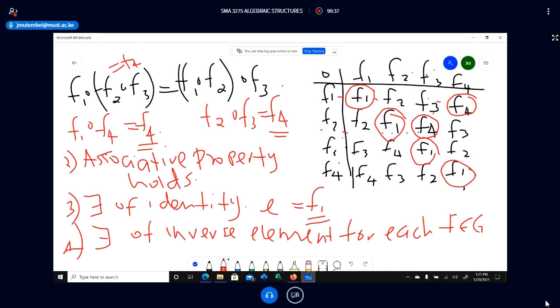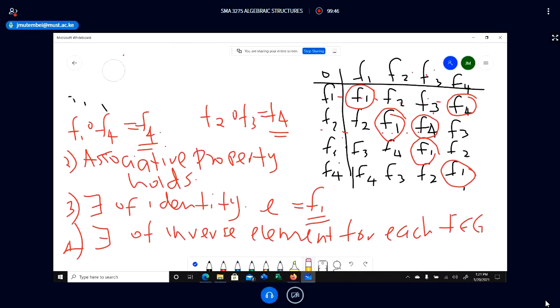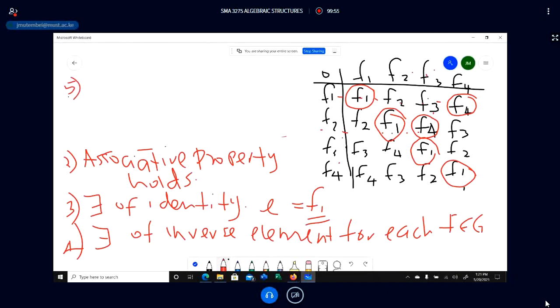What about now the commutative property? Property number 5 is now the abelian property, the commutative property. You check if it is satisfied.